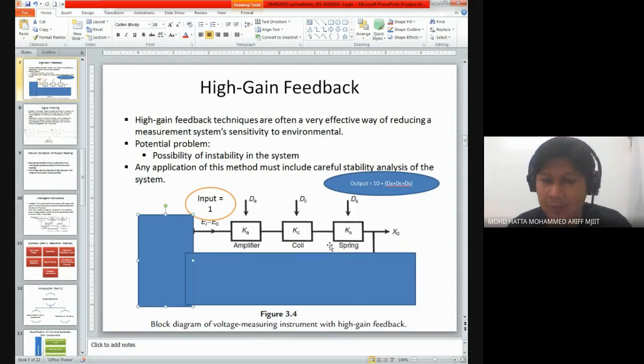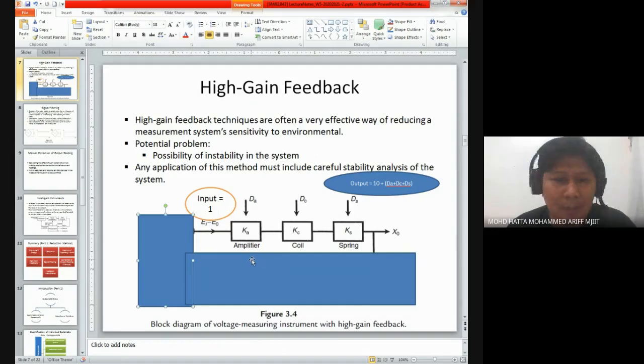Originally, if we have input 1, without these three disturbances, maybe our output will be the actual value, say 10.